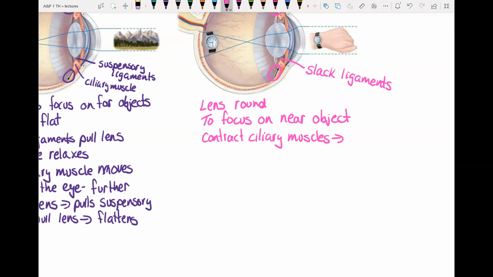When they contract, they move anteriorly in the eye. So they get closer to the lens.